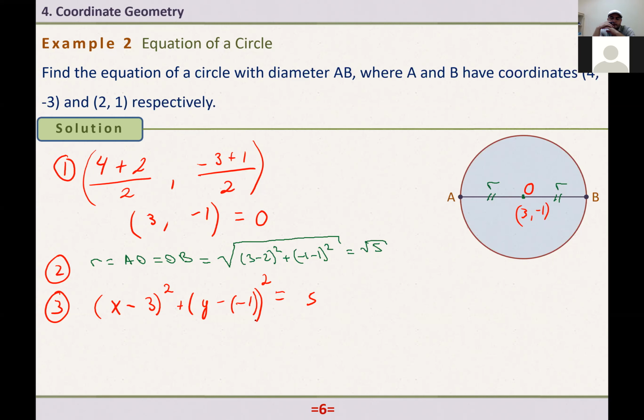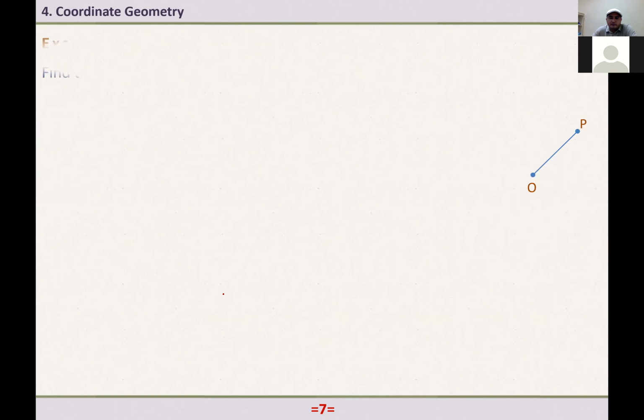Is that it? Yeah. Maybe in the next step we can simplify this, but you don't have to, because minus minus 1 is just plus, right? It's y plus 1 squared. Yeah. Okay. Let's move to the next question. If you just get some ideas, you can practice later.